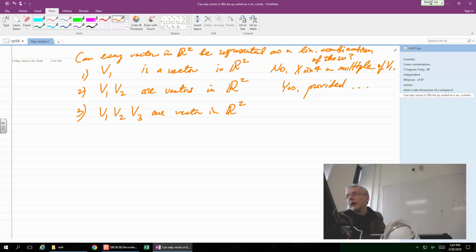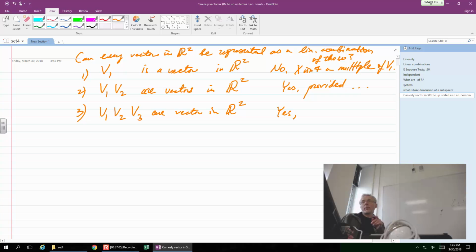Can every vector in R2 be represented as a linear combination of 3 vectors? The answer is yes, okay. But then how does it work if you compare it to part 2? It has the same restrictions. Let's see.